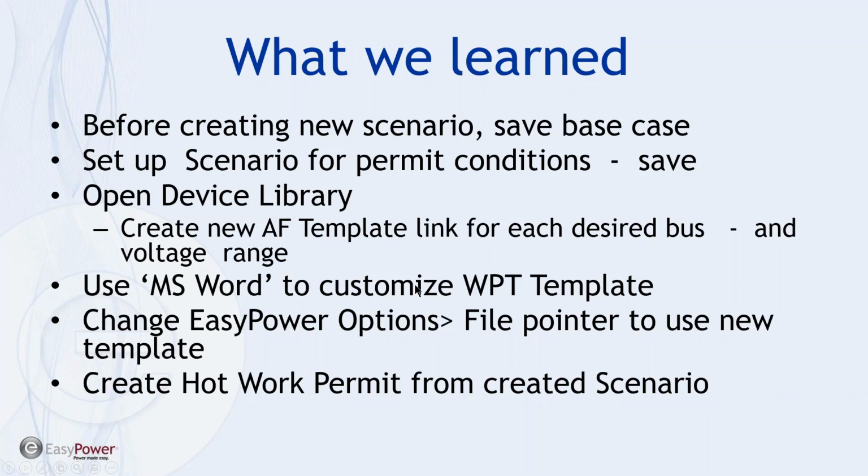Utilize Microsoft Word to customize and save, and I recommend saving it as a unique name so you can reuse the template basic to make others as you need them. Make sure you go into EasyPower options and change the file pointer to use that new template, and then you're prepared to create the hot work permit anytime you're in that particular scenario.